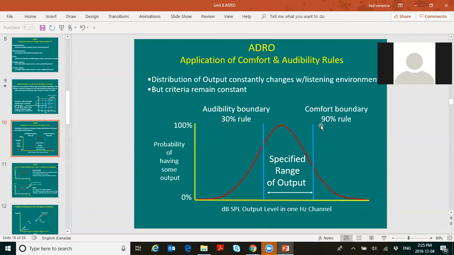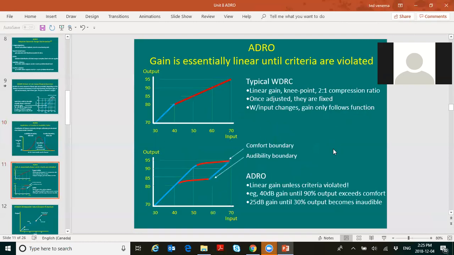And if less than 90% is below the loudness comfort, so look at this blue pole, that's maybe someone's UCL. And this one might be someone's audibility, just barely audible. So if this much sound falls below audibility, increase the linear gain. And if there's more than 10% of the aided output that's above the person's UCL, reduce the linear gain. So what's happening in the ADRO hearing aid?